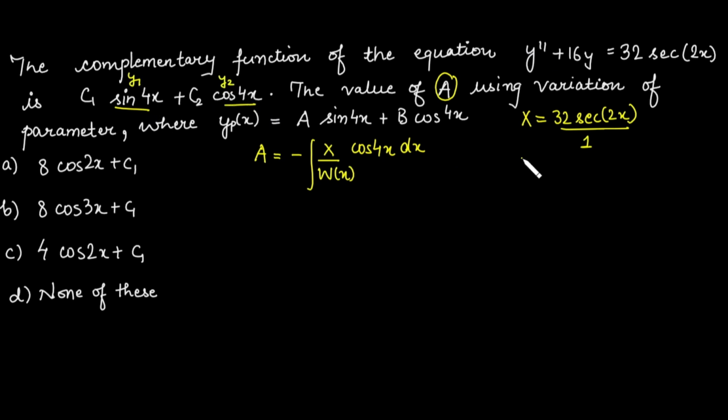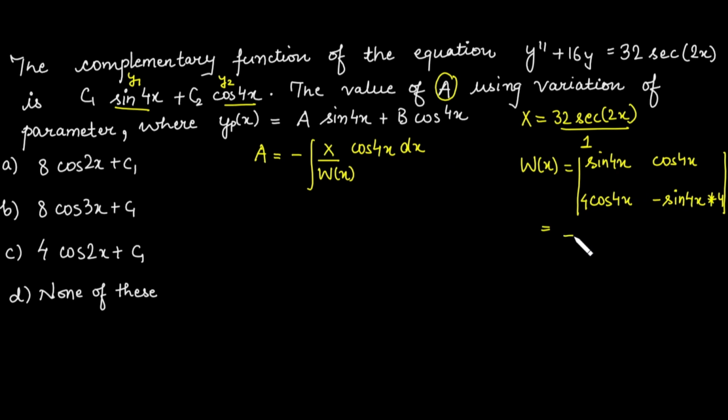According to this, the Wronskian is calculated as first function sine of 4x, second function cos of 4x. The derivative of sine is cos 4x into 4 and the derivative of cos is minus sine 4x into 4. Take the determinant of this.